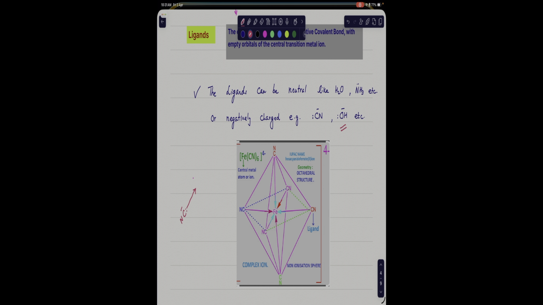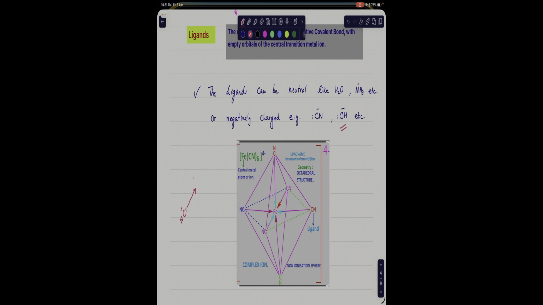The shape of this complex is octahedral, because when a central atom is surrounded by 6 electron pairs, the 6 electron pairs have to be arranged according to the valence shell electron pair repulsion theory, in order to maximize distance and minimize repulsion.